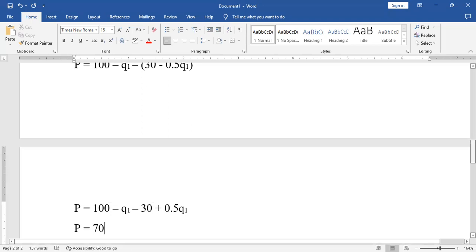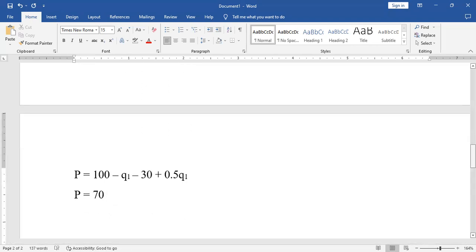And then going forward, negative Q2 plus 0.5 Q. So, sorry, negative Q1 plus 0.5 Q1. So, what will happen is I have negative 1 plus 0.5, which will give me negative 0.5, which will give me negative 0.5 Q1.